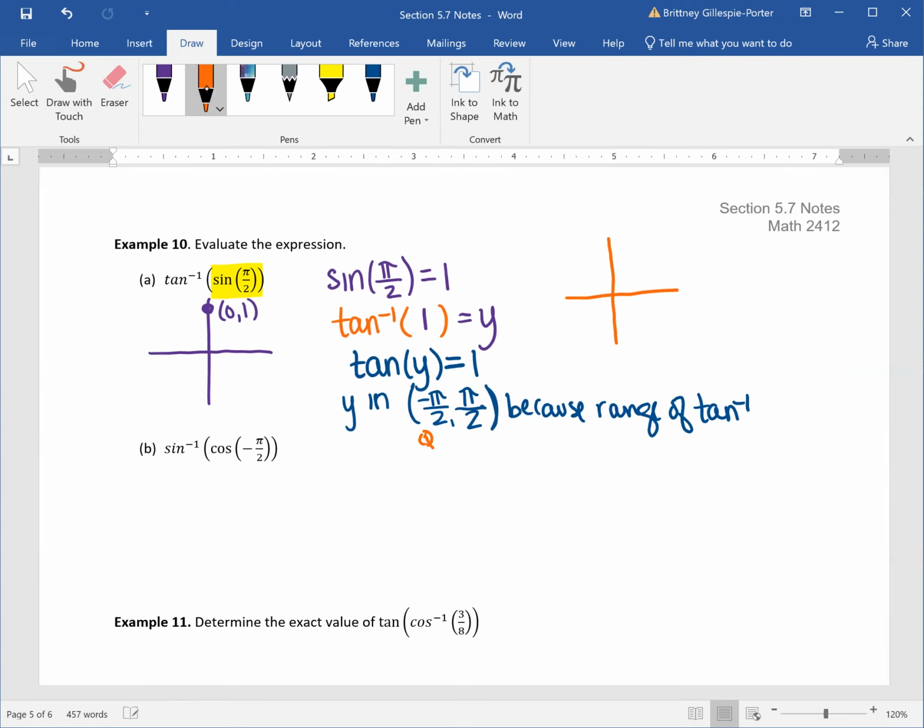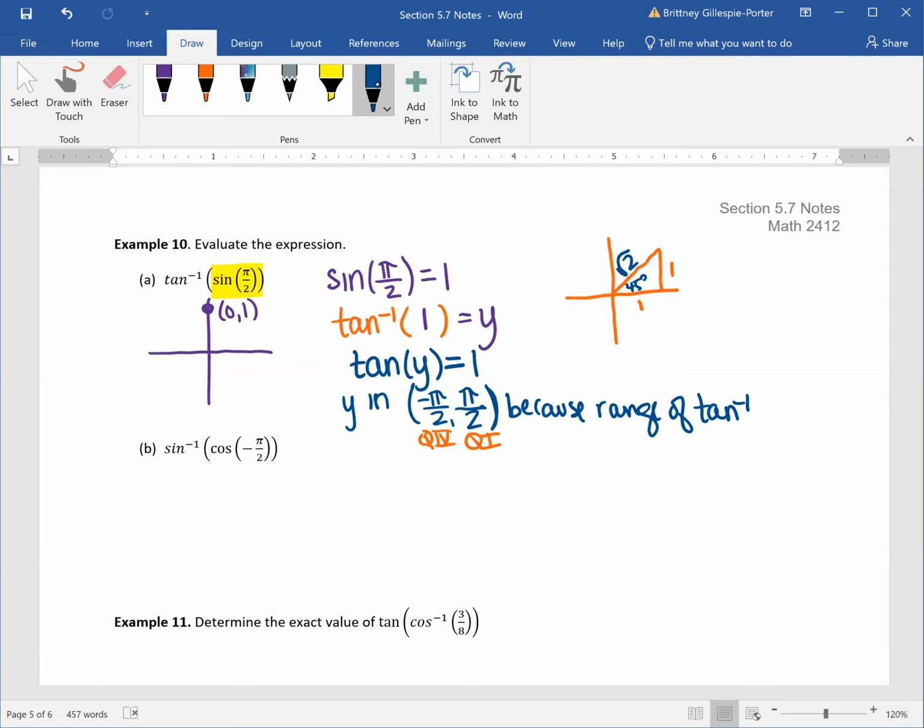Right now we're looking at quadrant 4 and quadrant 1. So we can go here. If tangent is 1, that means we have 1 and 1 for our sides, which means that we have a 45, 45, 90, because it's 1, 1, root 2. So 45 degrees is hanging out on the inside.